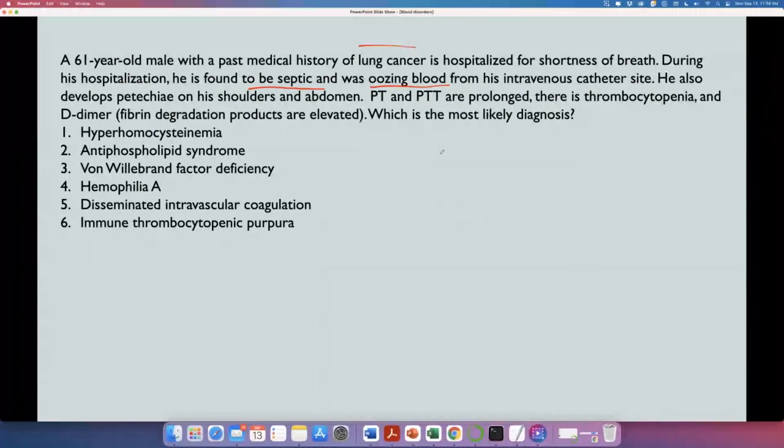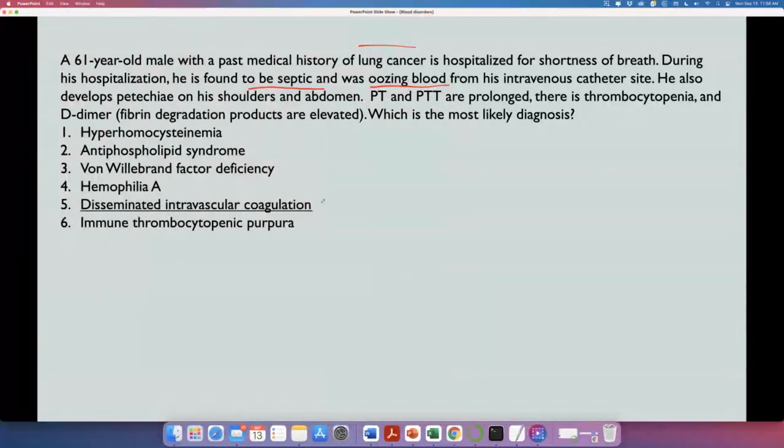PT and PTT are prolonged. There is thrombocytopenia, and the D-dimer is elevated. Well, we just talked about this a minute ago, so we don't have to stop too much.